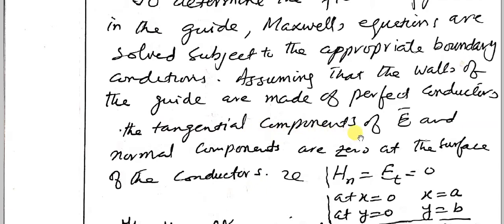The tangential components of E and the normal components of H are 0 at the surface of the conductors.